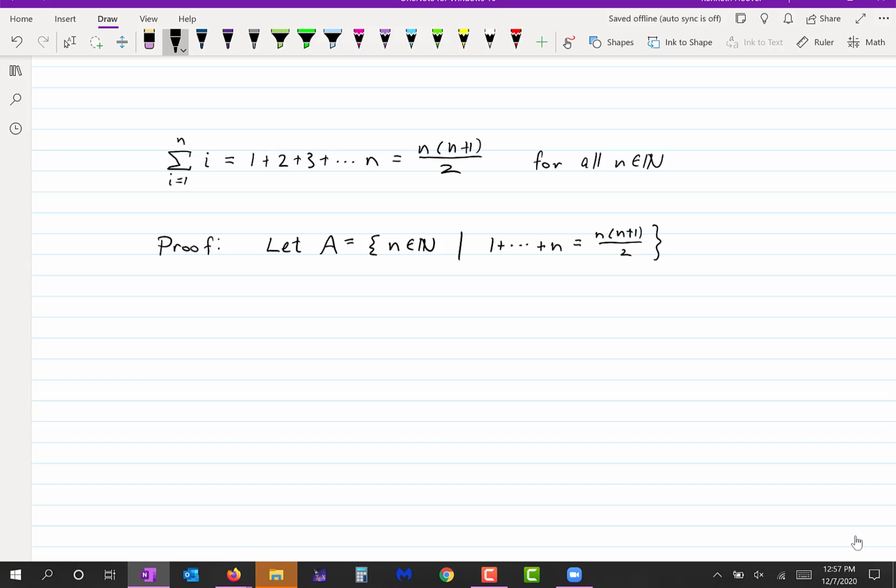I just need to show, and again, this is very important to understand the difference between your proof that you're writing and the work that you do on the side to figure out how the proof is going to work. So I need to show, and I'm going to write this on the side in gray, that the sum of the first one natural number, in other words, the number 1, equals 1 times 1 plus 1 over 2.